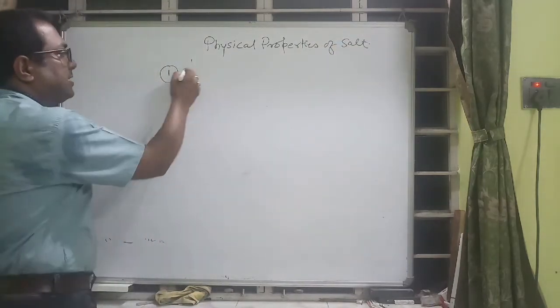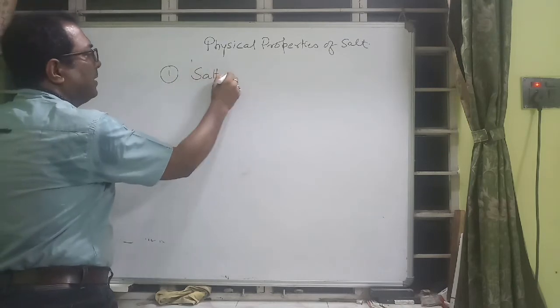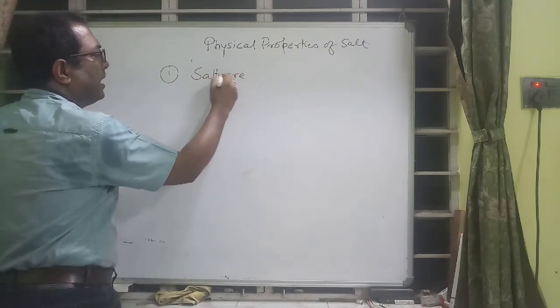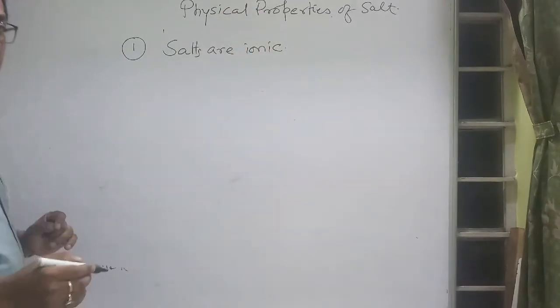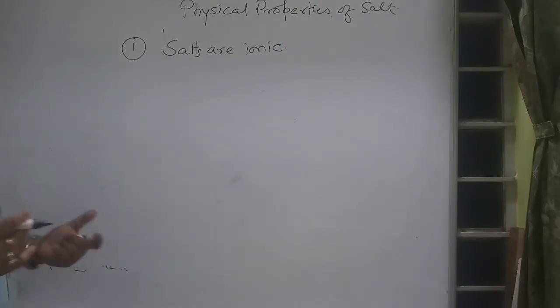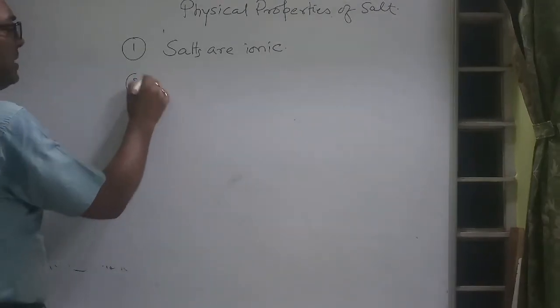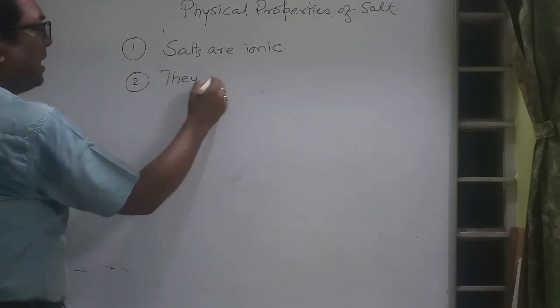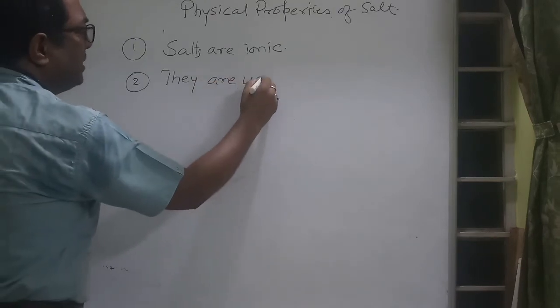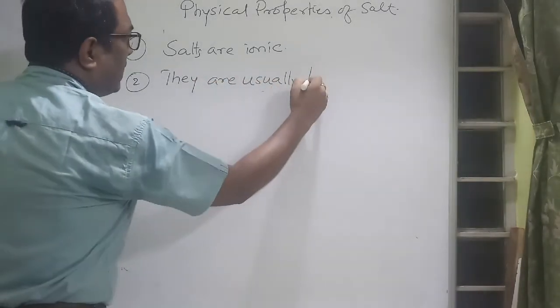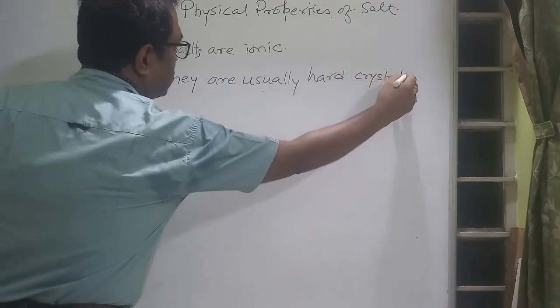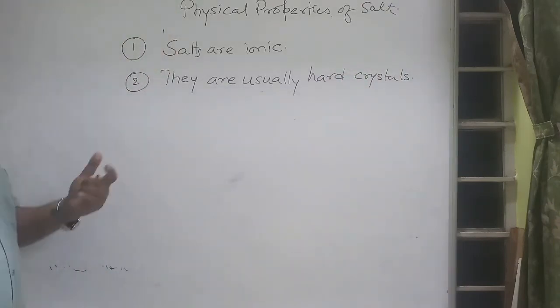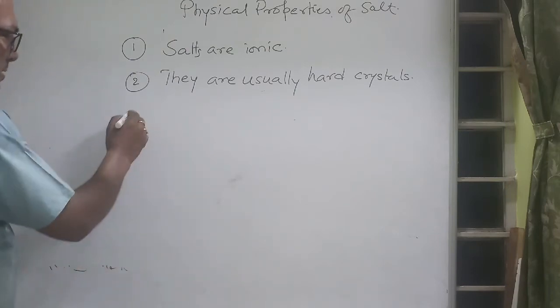The first thing is that salts are ionic compounds. Being ionic compounds, number two, they are usually hard crystals.